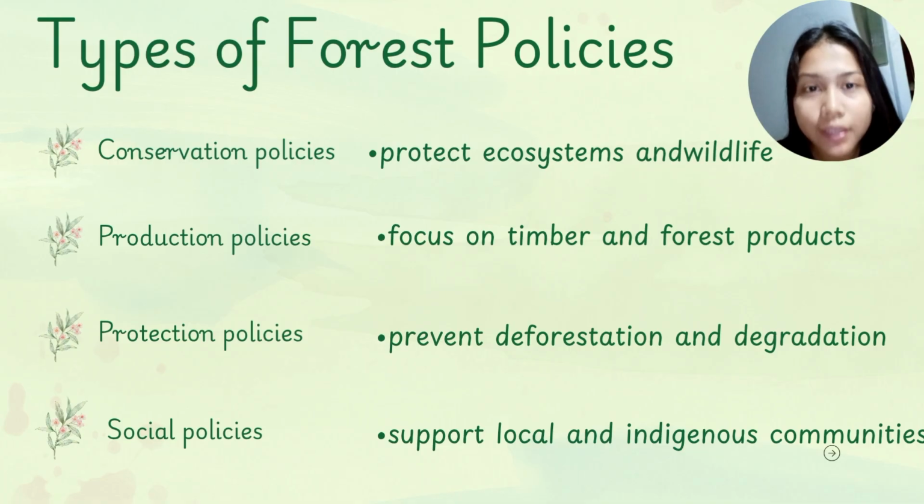The third one is the protection policies, which prevent deforestation and degradation. These policies reduce deforestation, illegal logging, and land degradation. The last one is the social policies, which support local and indigenous communities. They protect the rights and livelihoods of indigenous and local people.